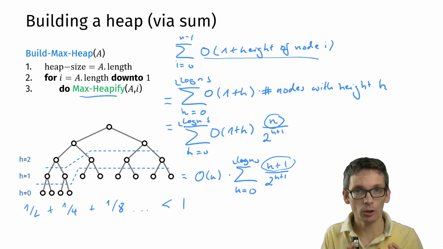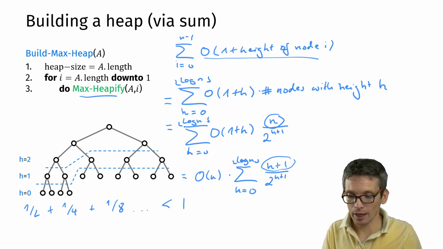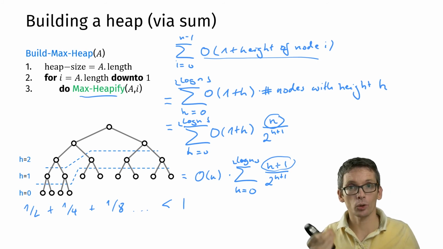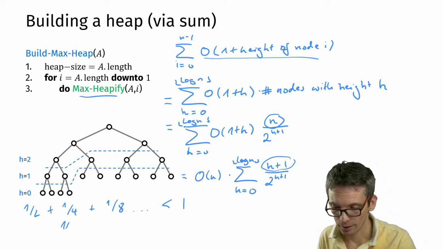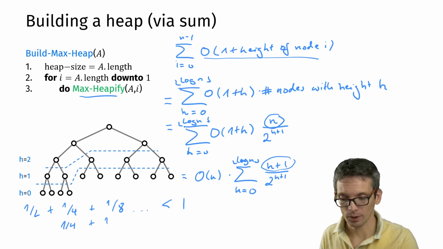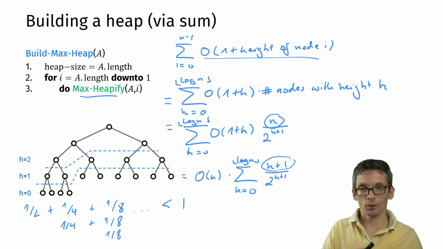But what does the h plus 1 give us? We can see this as having this 1/2 term only once, the 1/4 term twice, the 1/8 term 3 times, and then the next term 4 times, and so on.